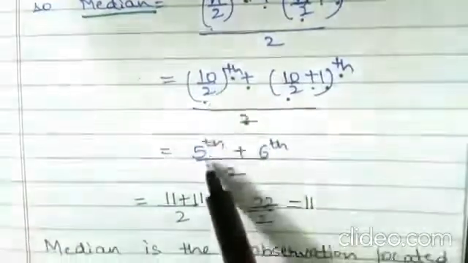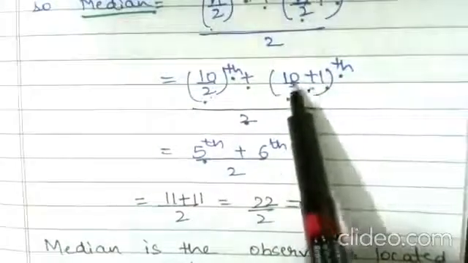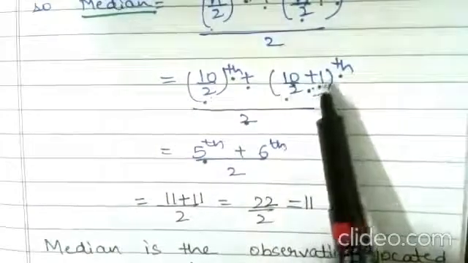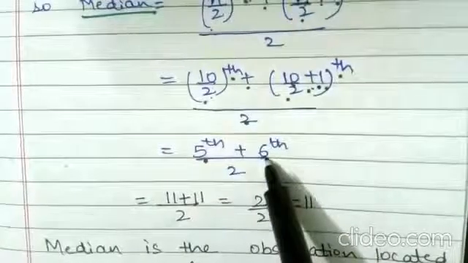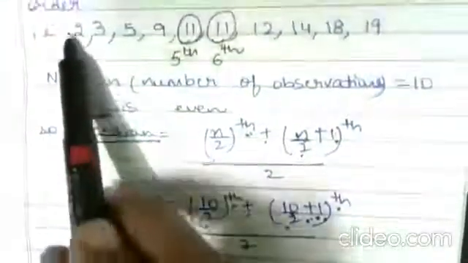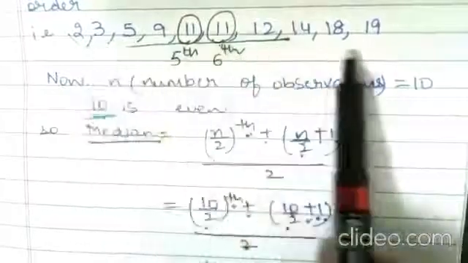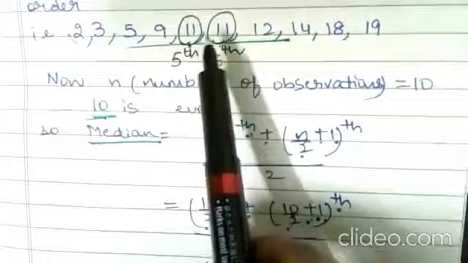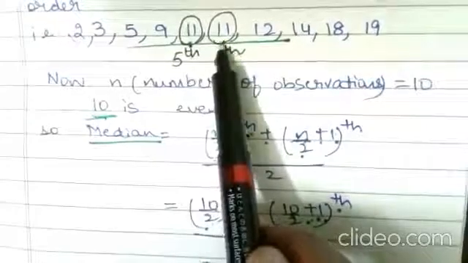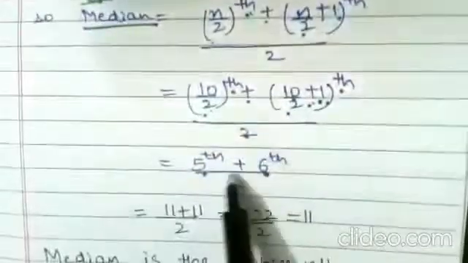Now this gives us the 5th and this gives us 5 plus 1, that is the 6th. Now from the data we have arranged in ascending order, we will see the 5th term and 6th term and then put these values here.